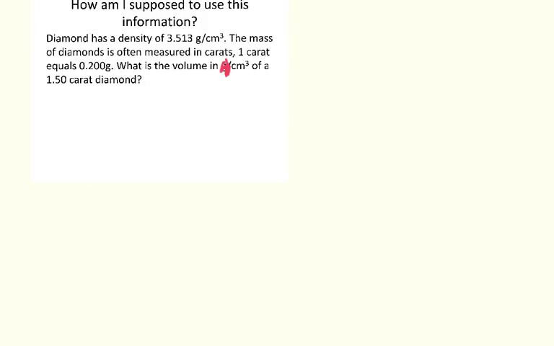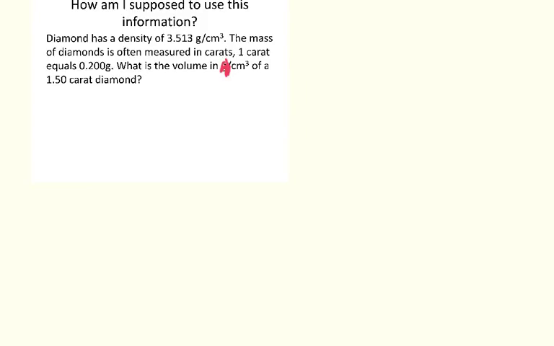Okay, so diamond has a density of 3.513 grams per cubic centimeter. The mass of diamonds is often measured in carats. 1 carat equals 0.2 grams. You want to find the volume in cubic centimeters of a 1.5 carat diamond.